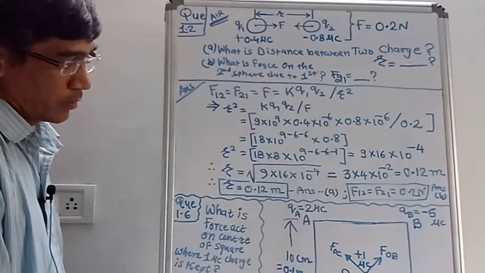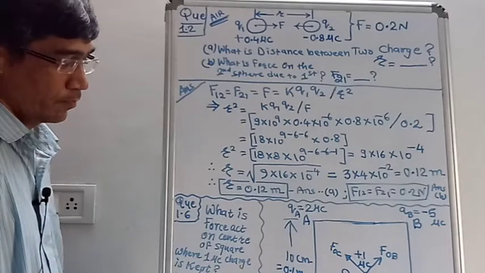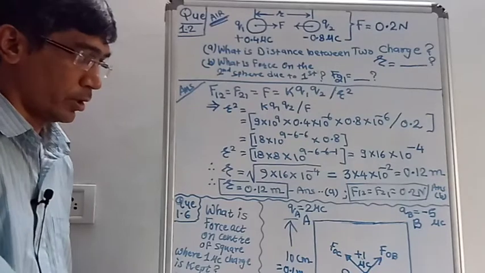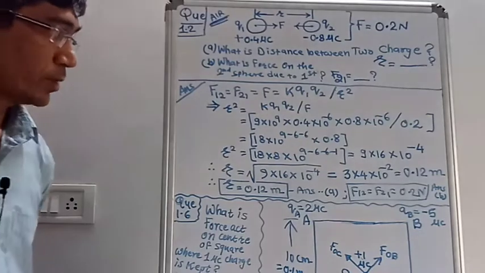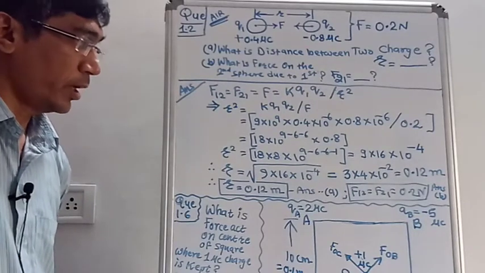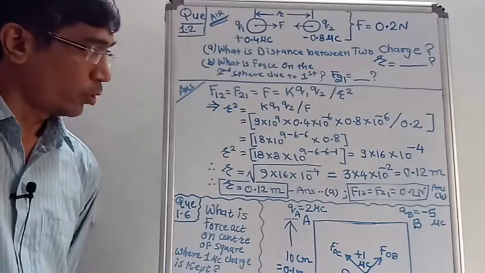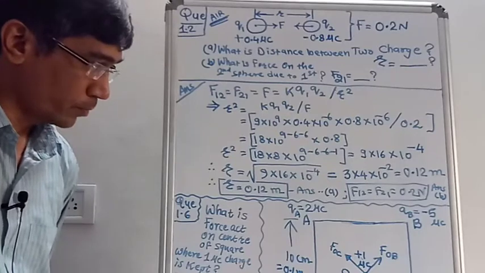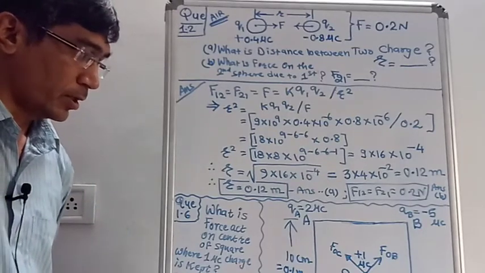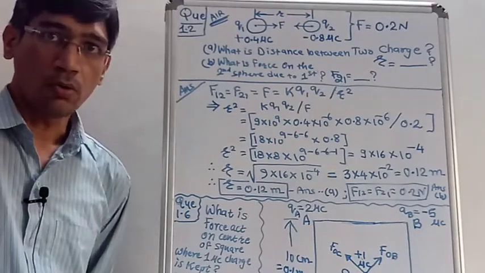The side of the square is 10 centimeter, which is 0.1 meter. So here on each corner a charge is kept. On A there is 2 microcoulomb, on B minus 5 microcoulomb, on C plus 2 microcoulomb, and on D there is minus 5 microcoulomb.